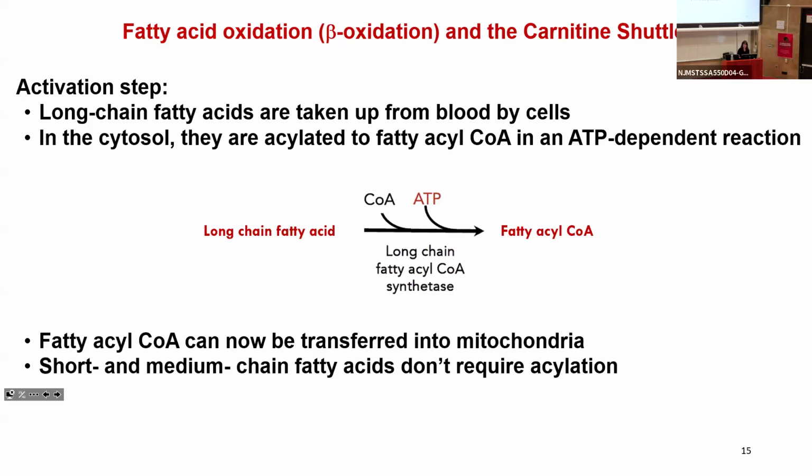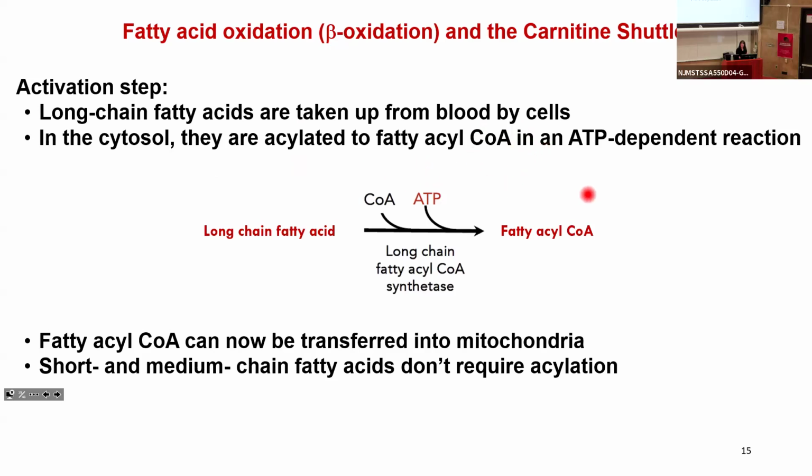And so there are a number of steps. So the fatty acid is going to be taken up across the membrane of a particular organ. And so it will go into the cytosol. The long-chain fatty acids get taken up from the blood by a cell. And in the cytosol of the cell, they get acylated. Okay, they get modified to form a fatty acyl-CoA.